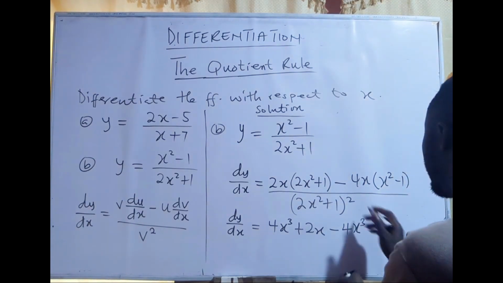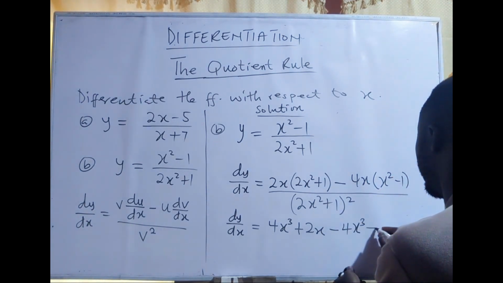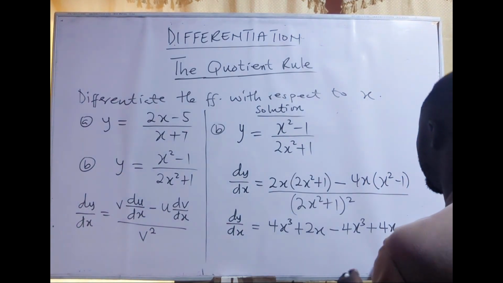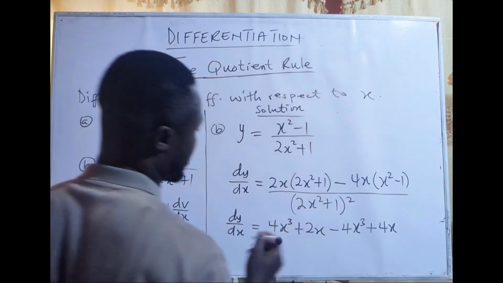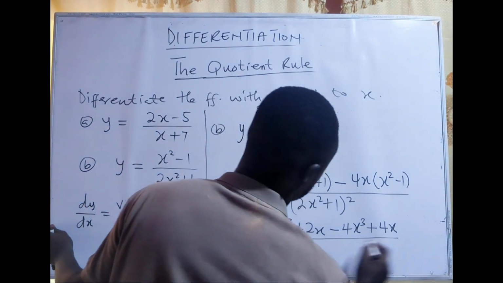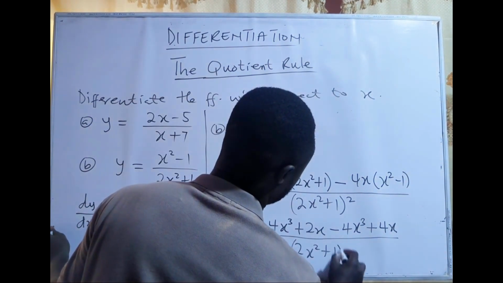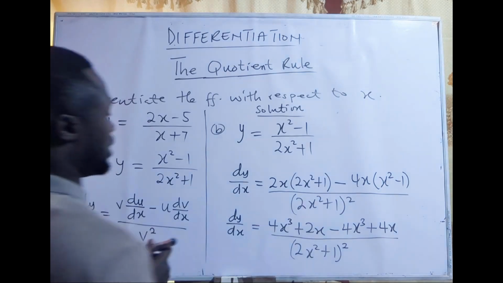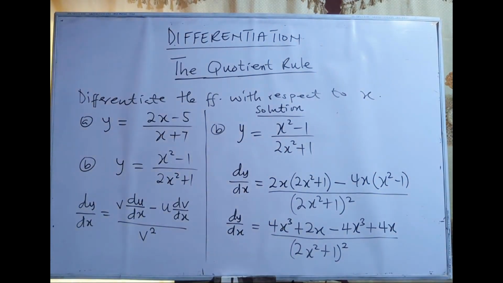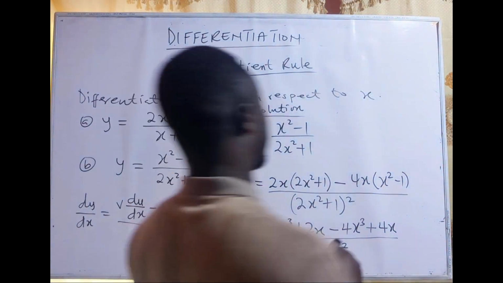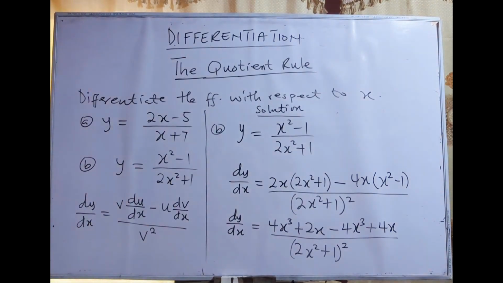And then minus 4x times minus 1 gives us plus 4x. All divided by 2x squared plus 1 all squared. So this is what we are going to have. After that, we simplify it and get our answer.